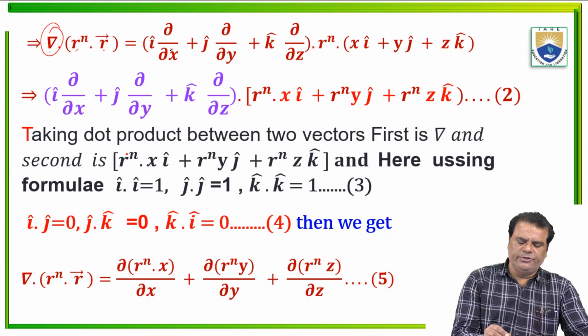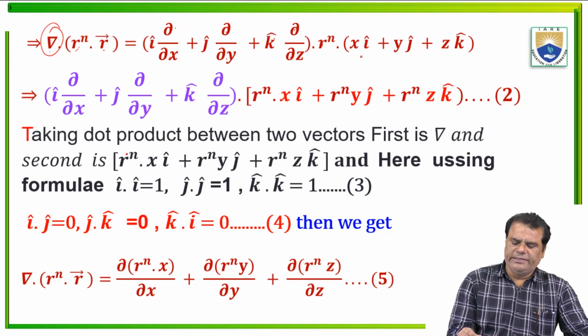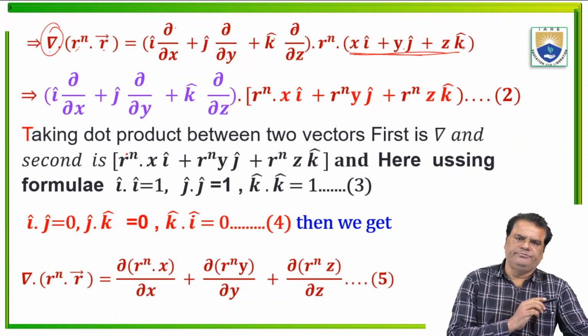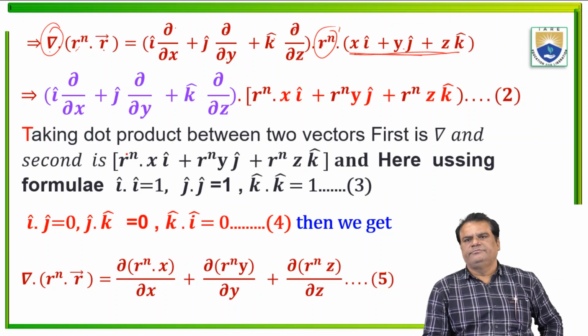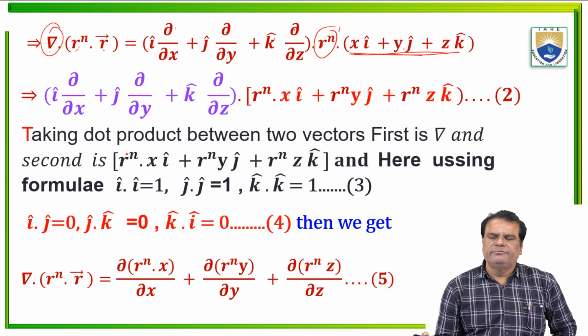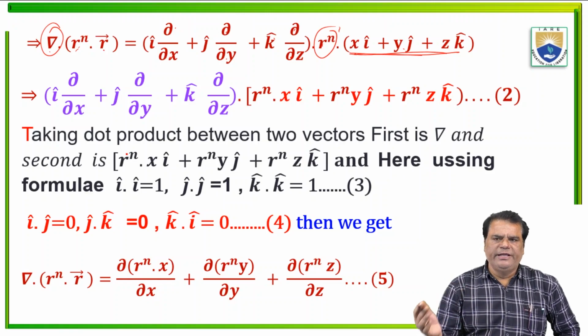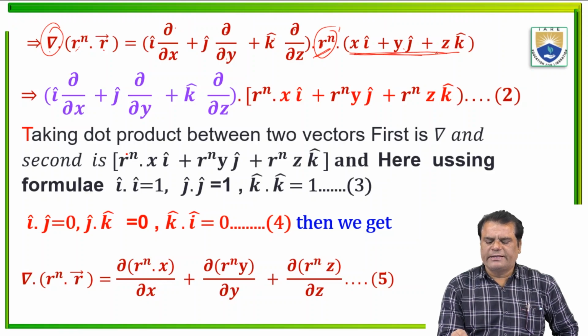So the value of del, i dou over dou x plus j dou over dou y plus k dou over dou z, dot r to the power n times xi plus yj plus zk. r to the power n stays the same; we do not put the value of r to the power n in x, y, z, because then the problem would be very difficult. This is very easy: no change in the function r to the power n, only putting the value of vector r.